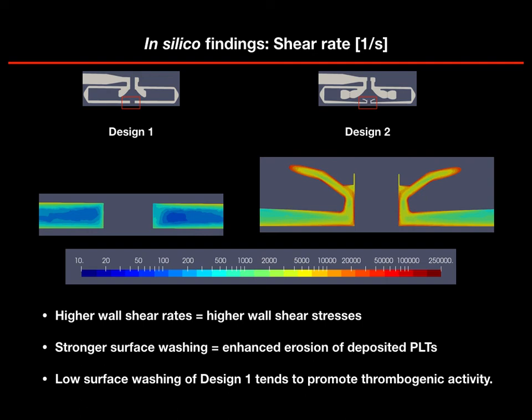What we see is that higher shear rates are going to equal higher wall shear stresses. In fact, design 2 has 2 orders of magnitude higher shear stresses. This converts into stronger surface washing, which means enhanced erosion of deposited platelets. The low surface washing associated with design 1 tends to promote thrombogenic activity.